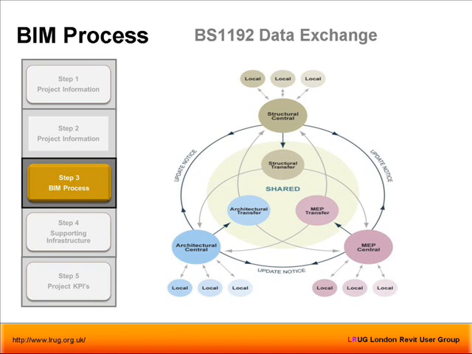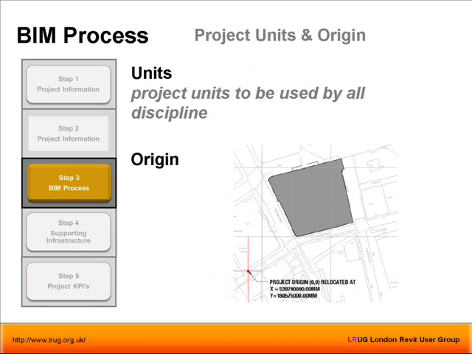I think we're going from process right down to technology now. Some of the decisions that we should capture as part of the execution plan are units and origin. Units is obvious, but origin, I've seen many projects in the past where it's so trivial. Project origin. We all know that we're working on one common site.